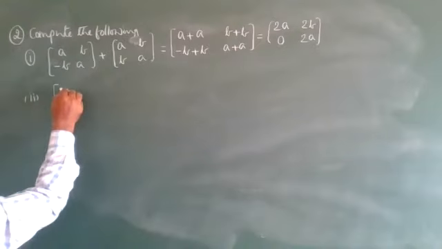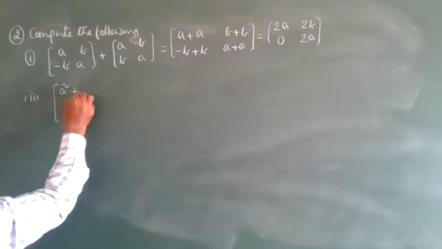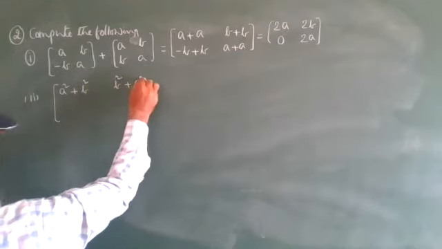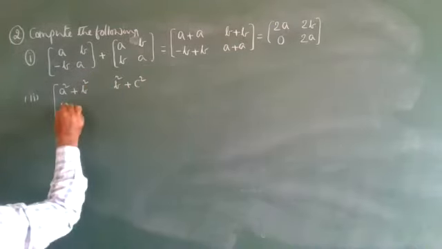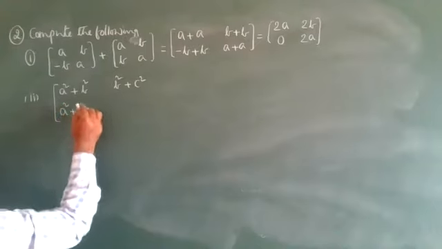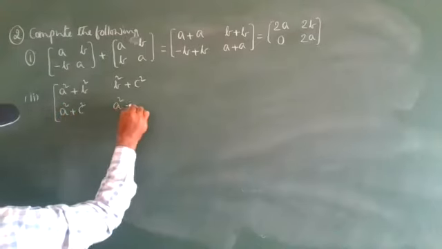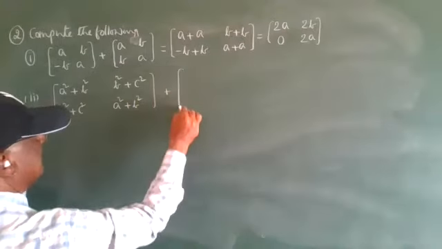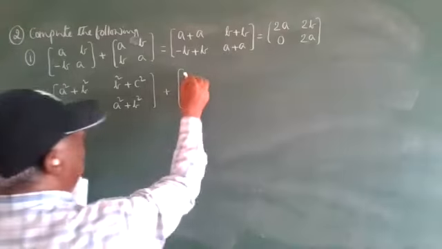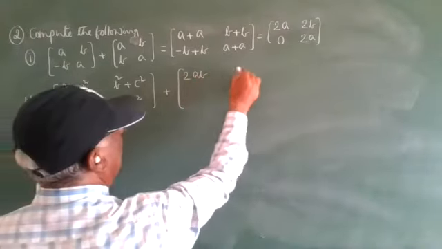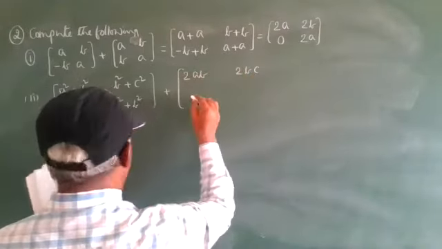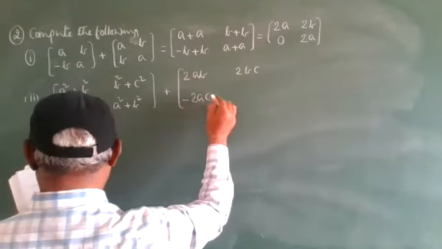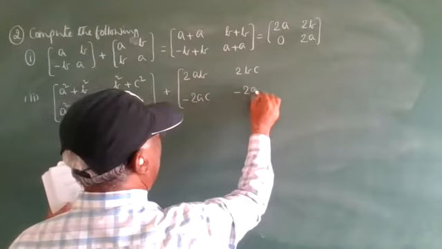Write down the second bit: a square plus b square, plus c square, and a square plus c square, and a square plus b square, plus the second matrix: 2ab, 2bc, minus 2ac, minus 2ab.